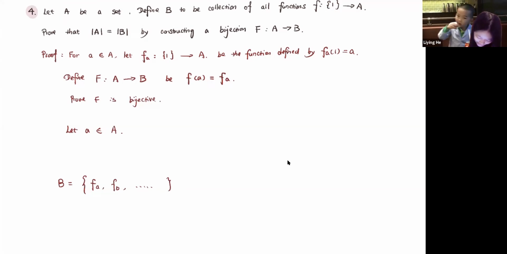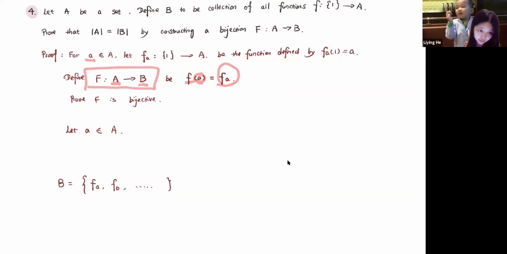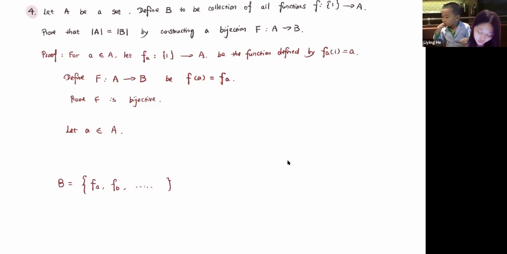If the function maps from 1 to an element a, I call it f of a. If it maps to b, I call it f of b. So my bijective function, capital F, mapping from A to B is F of a equals f of a. So a is the element mapped to the function that I named with this a. That's a bijective function. Well, you need to prove that it's bijective, but does the function now make sense?